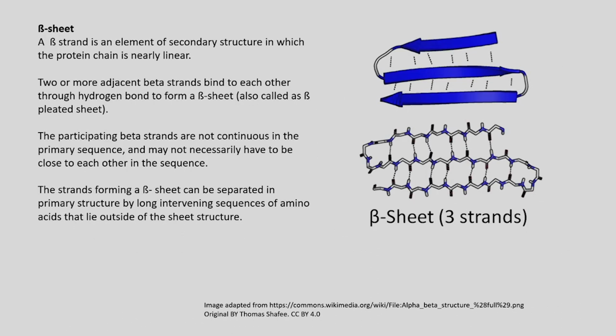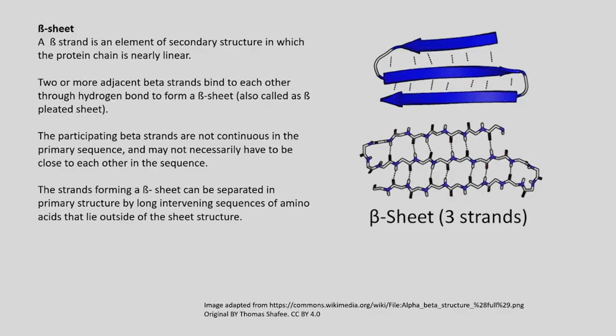Next are the beta sheets or beta strands. A beta strand is an element of secondary structure in which the protein chain is nearly linear. Here there is no rod-shaped structure like the alpha helix. So, 2 or more adjacent beta strands will bind to each other through hydrogen bonding to form a beta sheet.